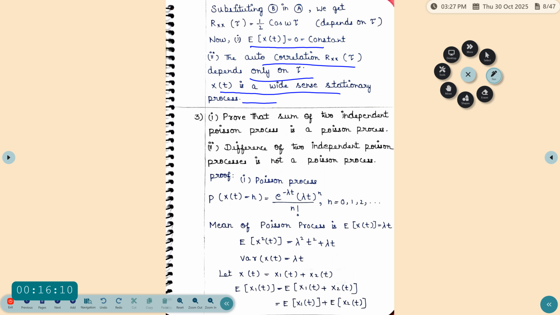X of t is a random process, and we define x of t as wide sense stationary because of the two conditions: expectation of x of t equal to constant, and second, the autocorrelation function R double x of tau depends only on tau, where R double x of tau may be written as expectation of x of t into x of t plus tau. Substituting the functions and simplifying, we get R double x of tau depends only on tau. So x of t is wide sense stationary.